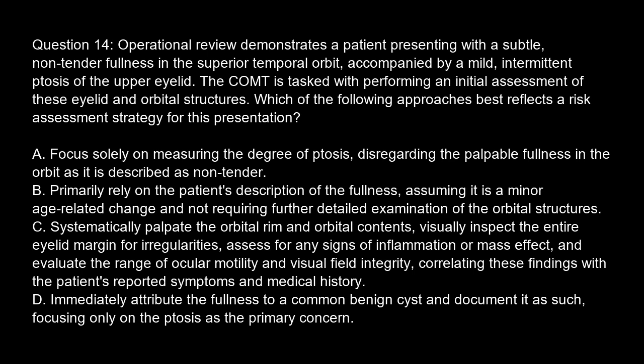Option C. Systematically palpate the orbital rim and orbital contents, visually inspect the entire eyelid margin for irregularities, assess for any signs of inflammation or mass effect, and evaluate the range of ocular motility and visual field integrity, correlating these findings with the patient's reported symptoms and medical history. Option D. Immediately attribute the fullness to a common benign cyst and document it as such, focusing only on the ptosis as the primary concern.